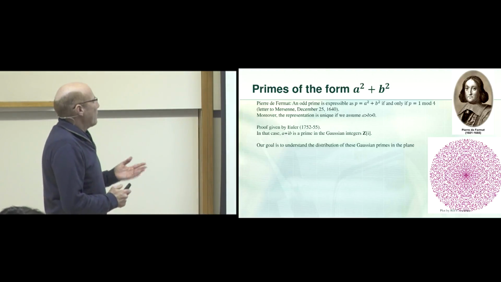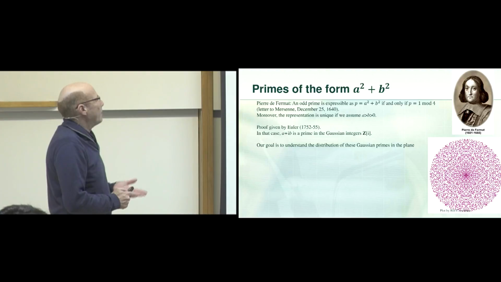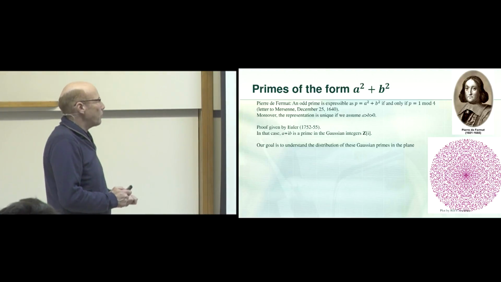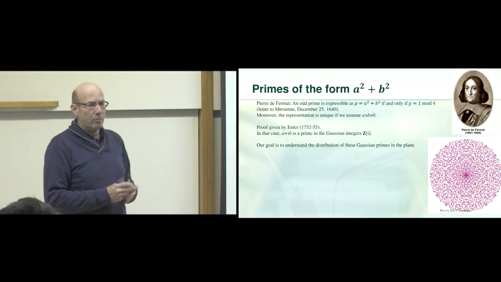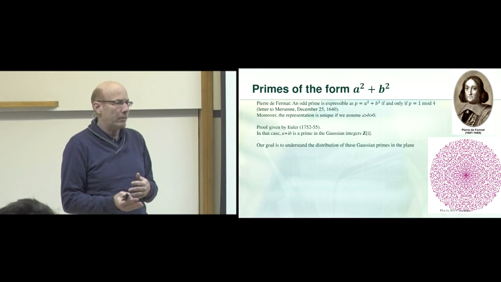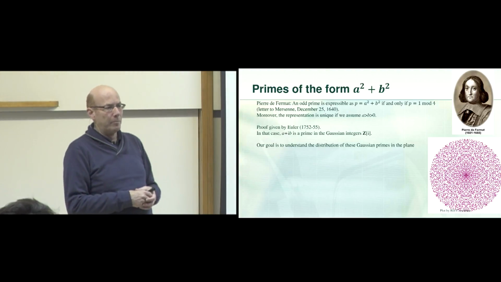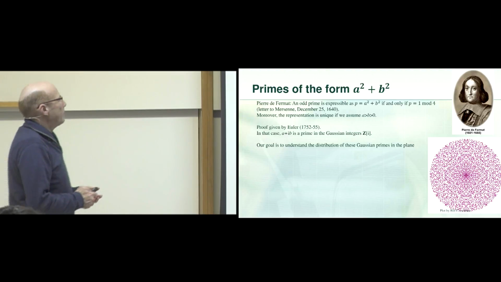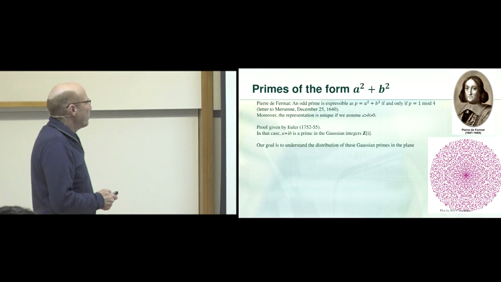And among other things, it says that not only are primes which are 1 mod 4 a sum of two squares, but there's only one way to write them in this fashion, modulo changing the order of A and B and changing the signs of A and B. So in case you can write a prime as a sum of two squares, you can cook out a Gaussian integer out of it.